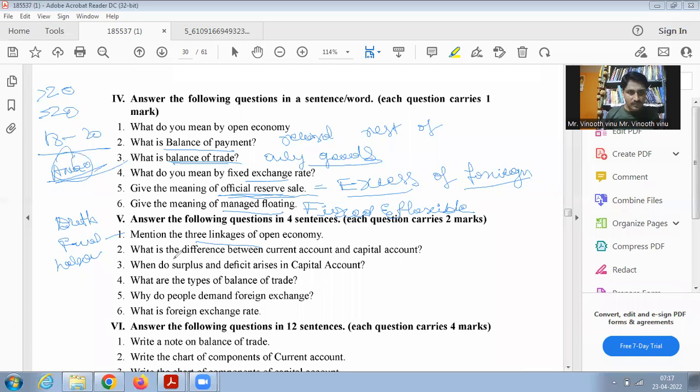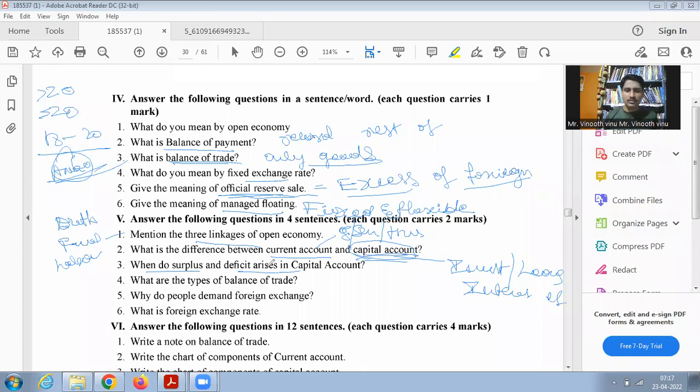Next, what is the difference between current account and capital account? Current account: trade in goods, services, transfer payments. Capital account maintains investment, foreign investment, loans, interest payments, etc. When do surplus and deficit arise in the capital account?